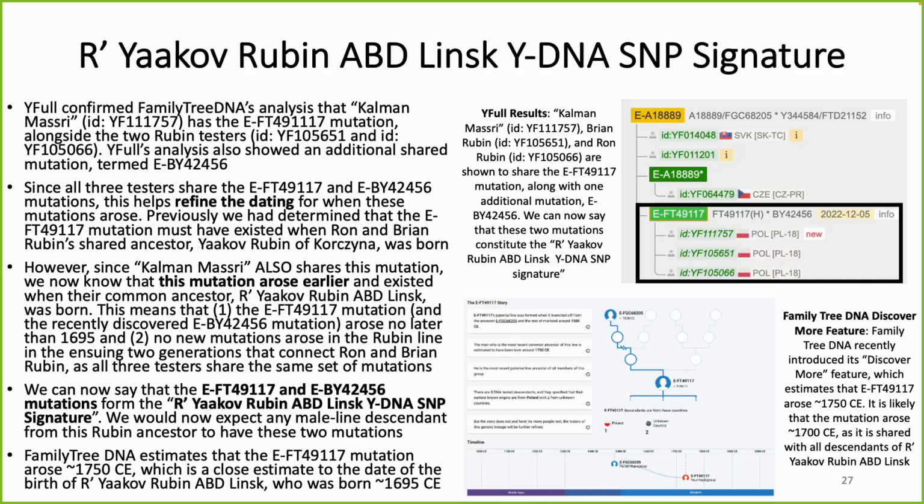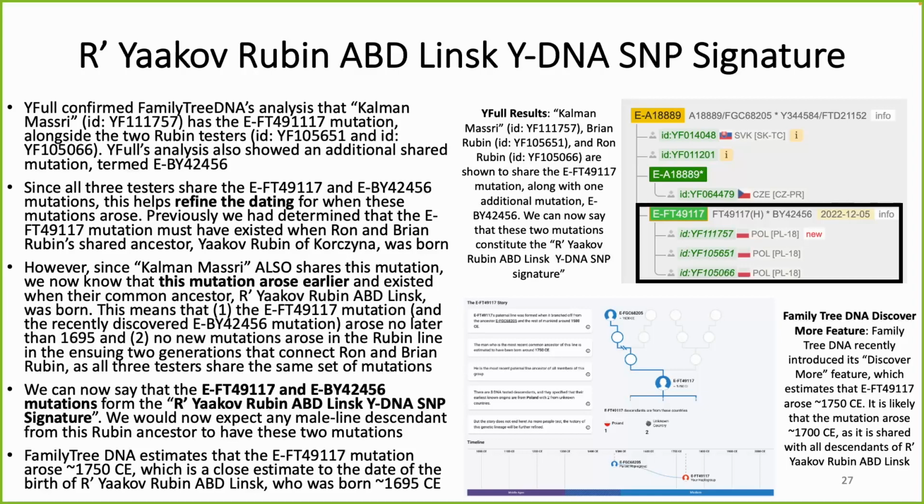It was he who already had these mutations. And what's interesting is that both of these mutations that characterize the Rubin line must have arisen no later than around 1695. They actually came about over 300 years ago. They came into the world.